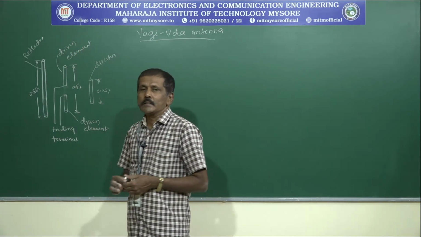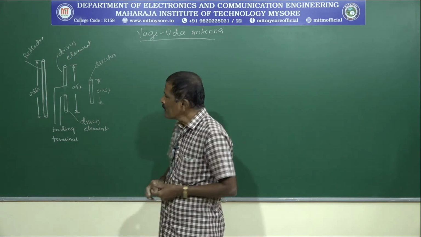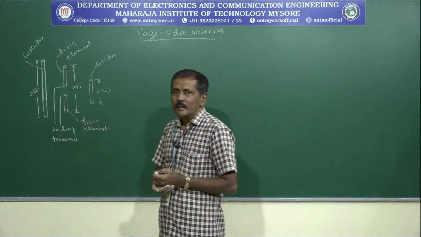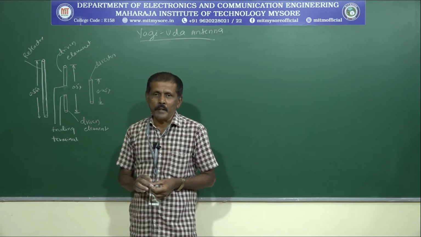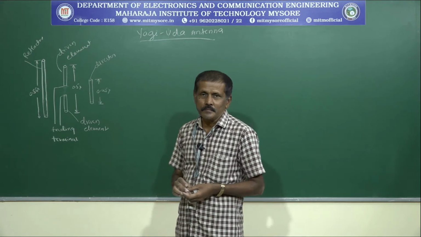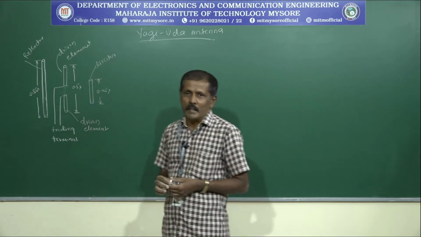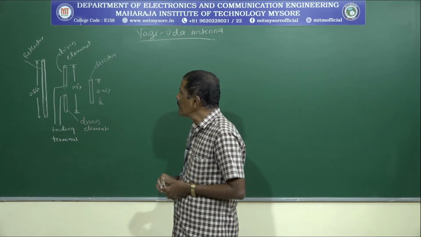The construction details of the Yagi-Uda antenna are shown in the figure. This is the driven element, and the driven element is nothing but the lambda by 2 dipole element, which provides bidirectional radiation patterns, and the length of this element is lambda by 2 or 0.5 lambda.